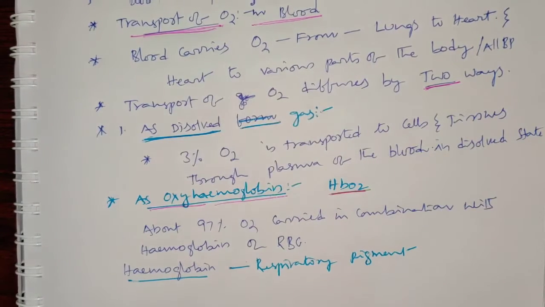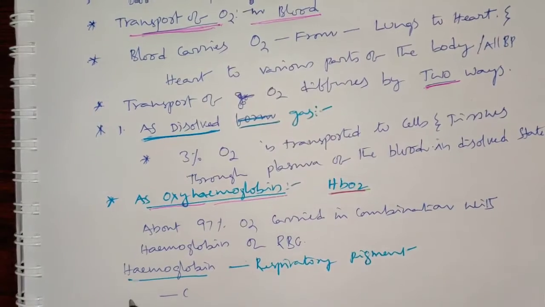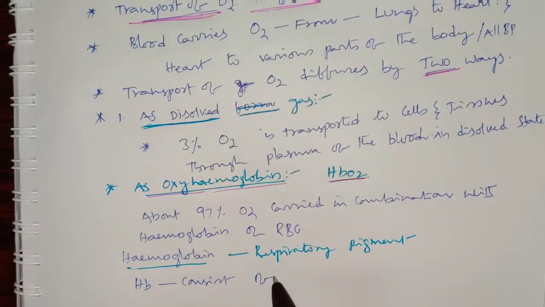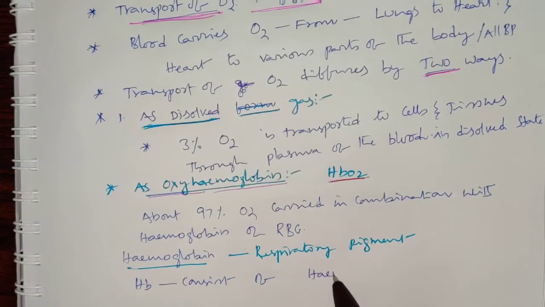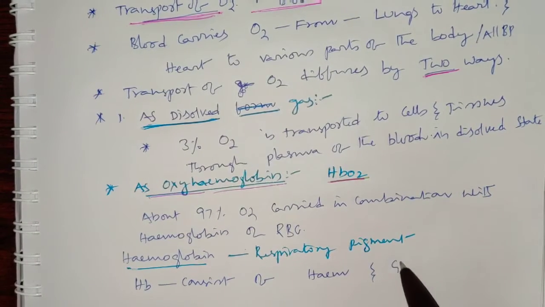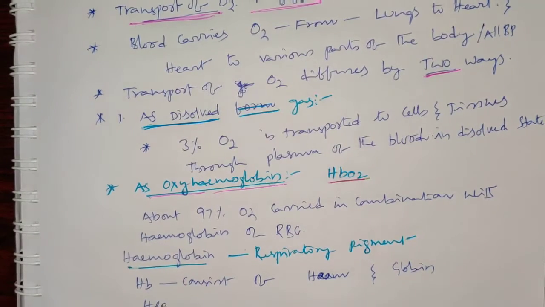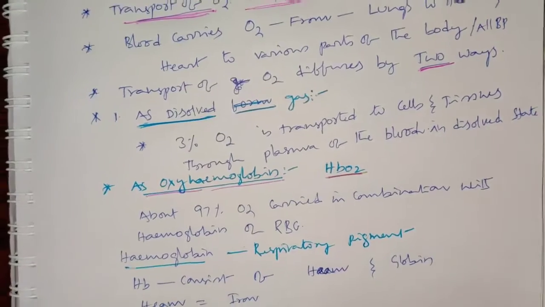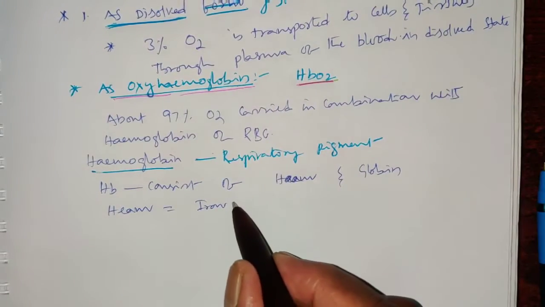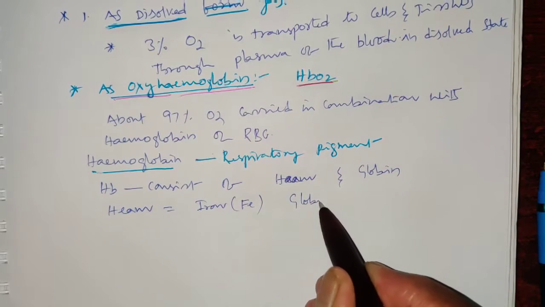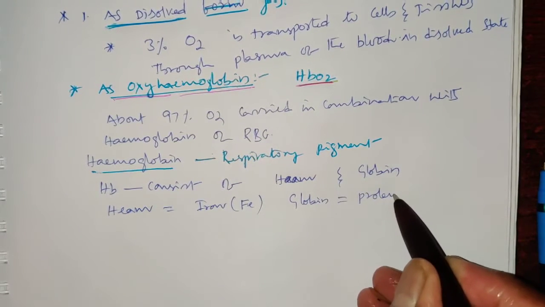Hemoglobin consists of heme and globin. Heme means iron in the form of ferrous, whereas globin means protein.